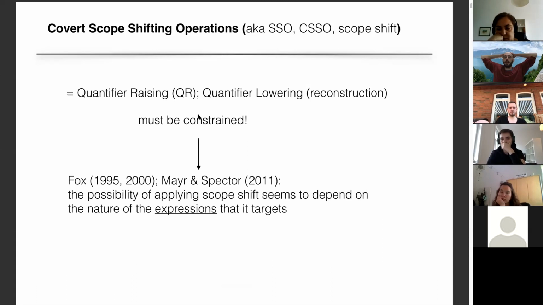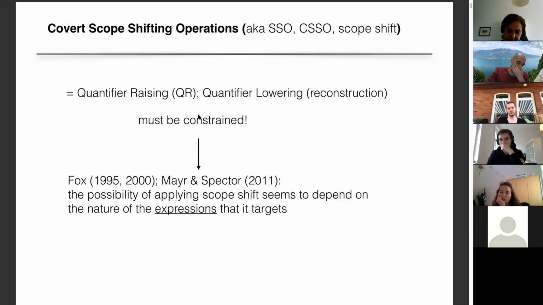And the overall idea is that the possibility of applying this special operation of scope shift seems to depend on the nature of the expressions that this operation targets, okay? On the nature of the quantifiers and negation and what kind of relation occurs between them.